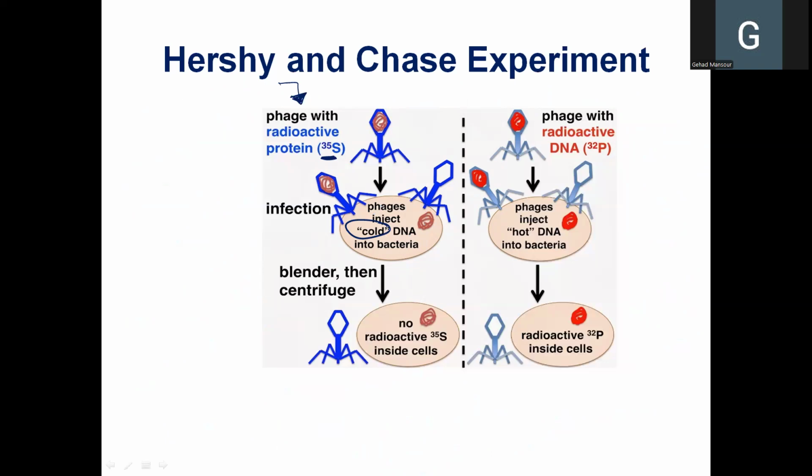It couldn't be perceived by the Geiger counter, whereas the parts that remained outside, which are the protein parts, were the hot parts because they were radioactive, which means that sulfur 35 containing molecules, or actually proteins, were not introduced.